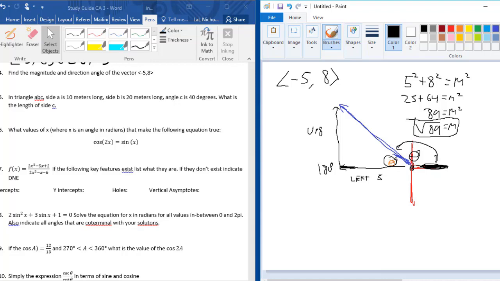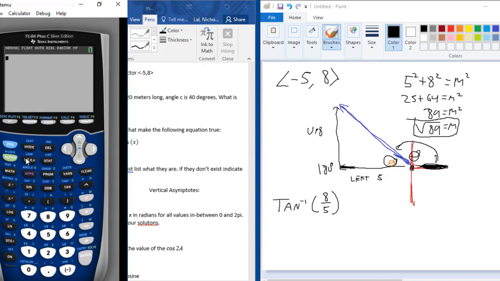To find this reference angle, I need to find the inverse tangent of 8 over 5, because SOHCAHTOA, the tangent is the opposite over the adjacent, so the tangent of theta is 8 over 5. And to find the angle, I find the inverse tangent of 8/5.